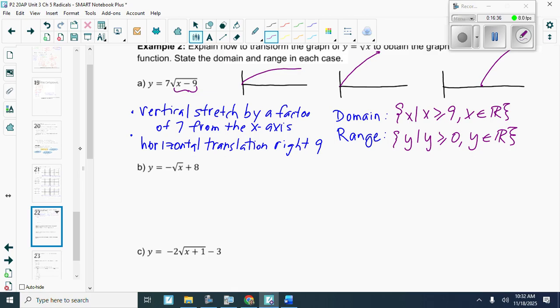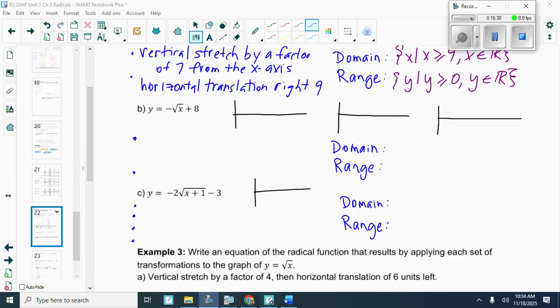All right, keep going. I'm ready for B. In B, we had a reflection across the x-axis. There's no stretch factor, there's no horizontal translation, but there is a vertical translation, 8 up.